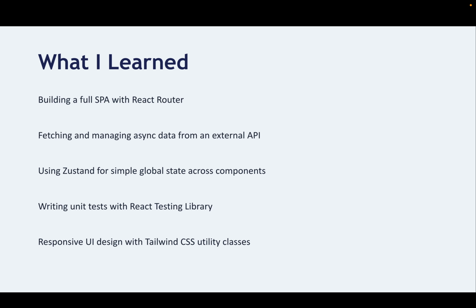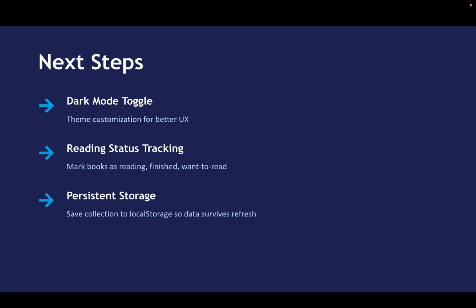I had created apps before, but this is the first time I created unit tests for my application, which was very interesting to do. Also responsive UI design with Tailwind CSS. It's very interesting using CSS to be able to quickly develop styling for your application.